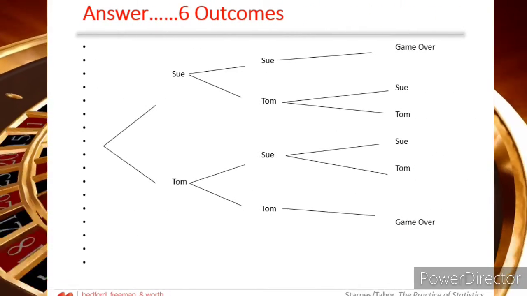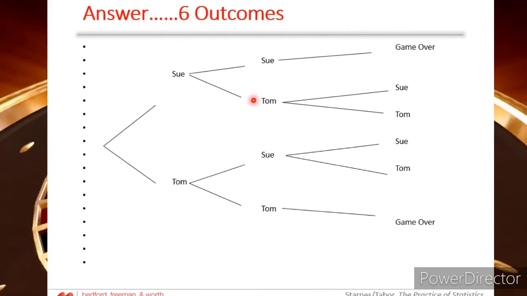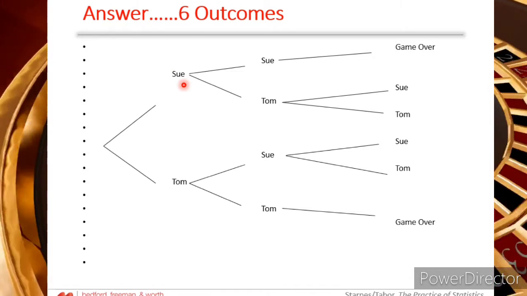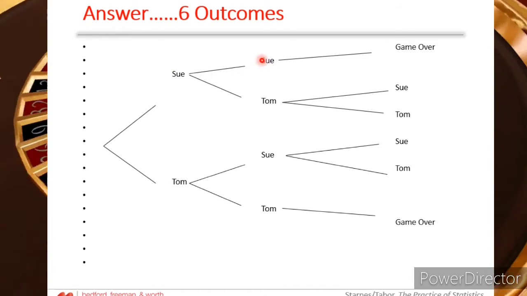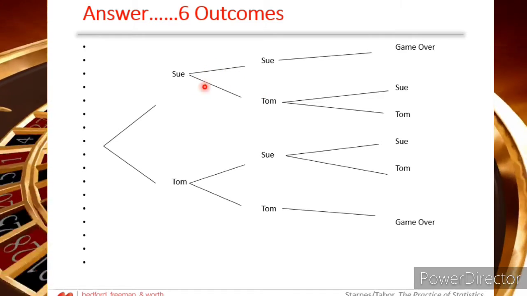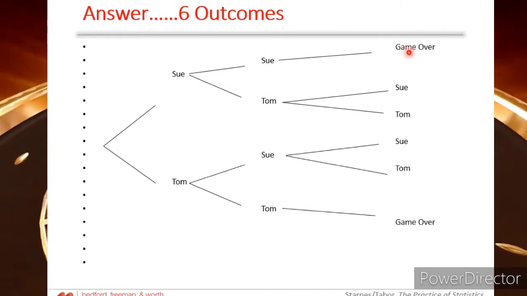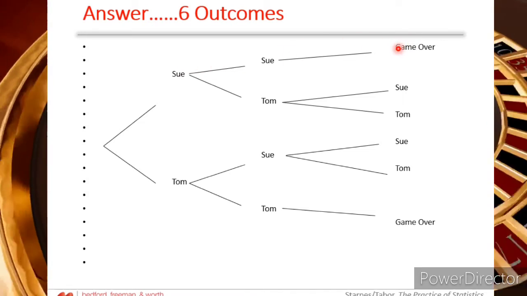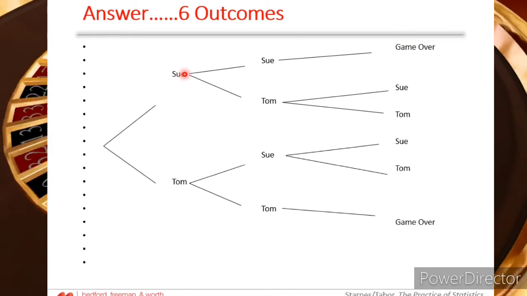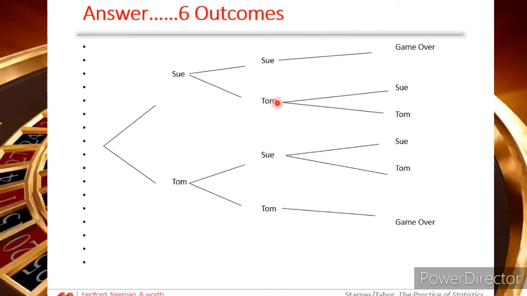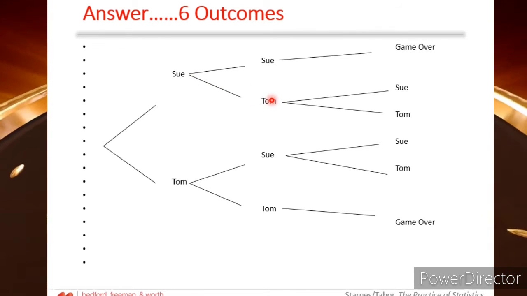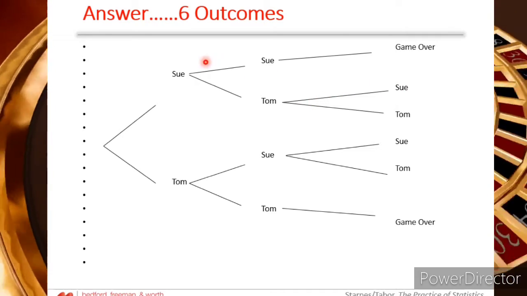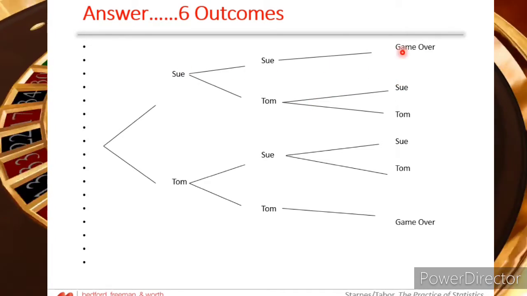So, let's start with si Sue muna. Pag si Sue nanalo, pwedeng manalo si Sue, pwedeng manalo si Tom. Pero pag nanalo na si Sue, game over na. So, that will be the first outcome. Kung si Sue ay Sue versus Tom, nanalo si Tom, laban pa ulit. At kung sa susunod na game ay nanalo si Sue, so dalawa na yung Sue natin, and then that's game over.